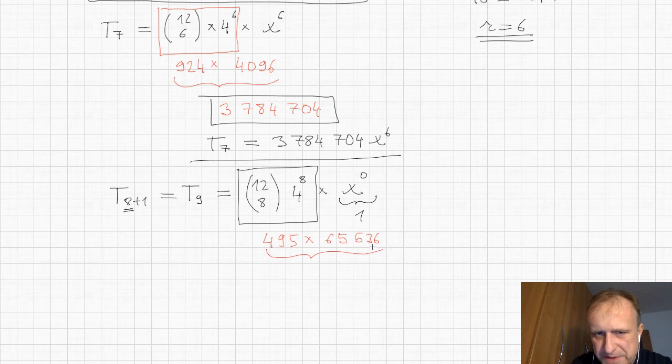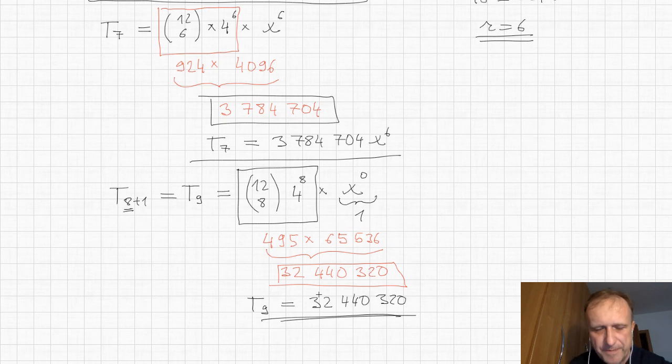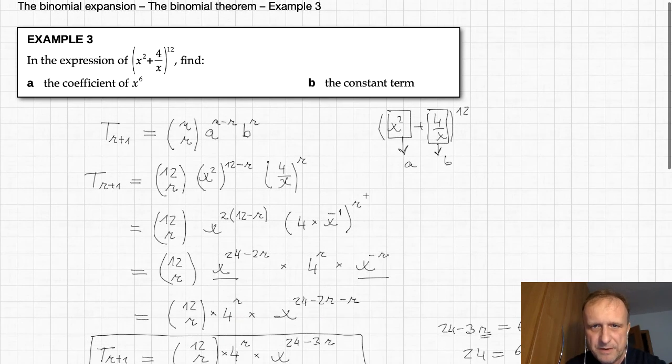So if you multiply these two, you get a big number, which is 32,440,320. So this would be the constant term. I could write it as follows: t sub 9 is 32,440,320, and this is the answer to part B of this exercise.